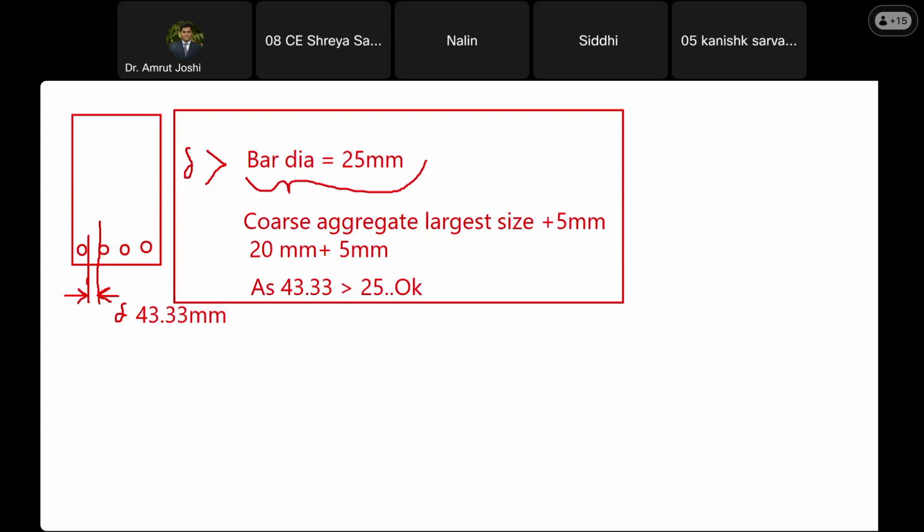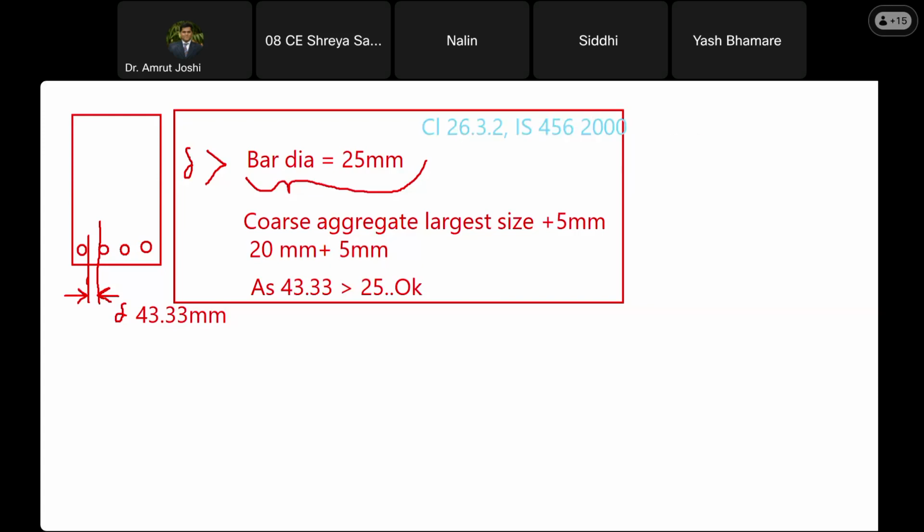This is clause number 26.3.2, of which code? IS 456-2000. Are you with me?